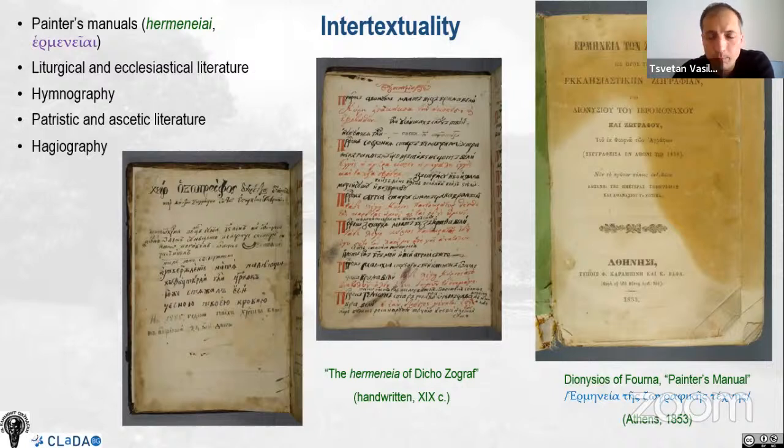This is a Greek monk from the 18th century, and his manual is very thorough and a very big one, and contains a lot of information. And on the left side you see the manual of Dicho Zograf, who was one of the main painters in the 19th century. And this is also a very good example of a well-written painter's manual.